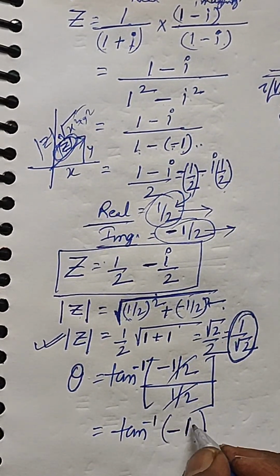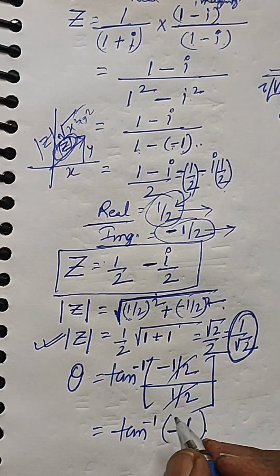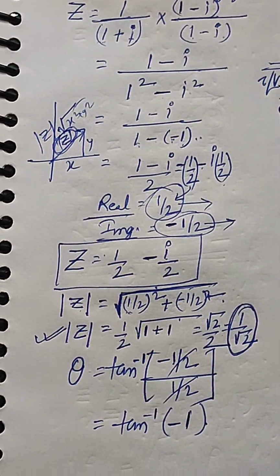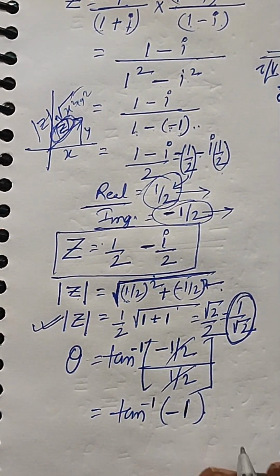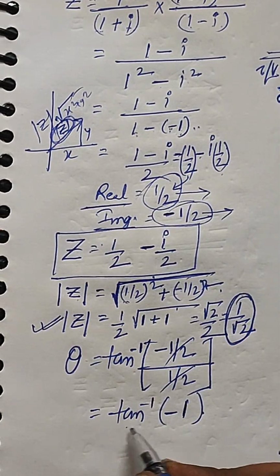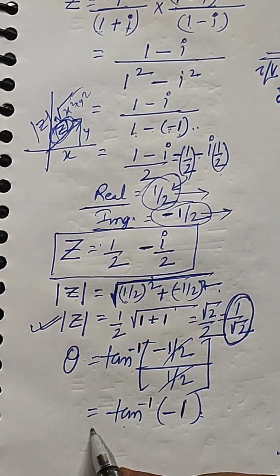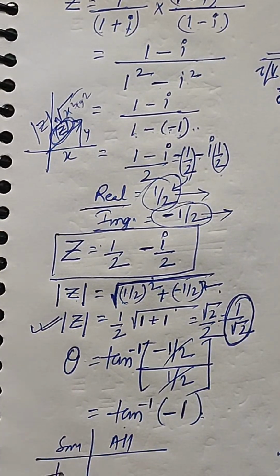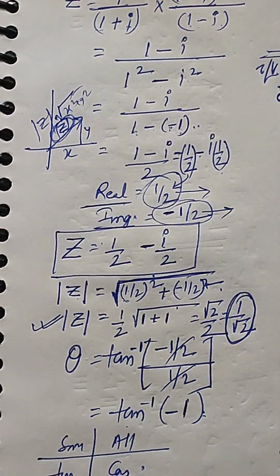So we need to say when this will be minus 1. Tan theta is minus 1. If you see in the plane, it will be all sine tan cos, right?